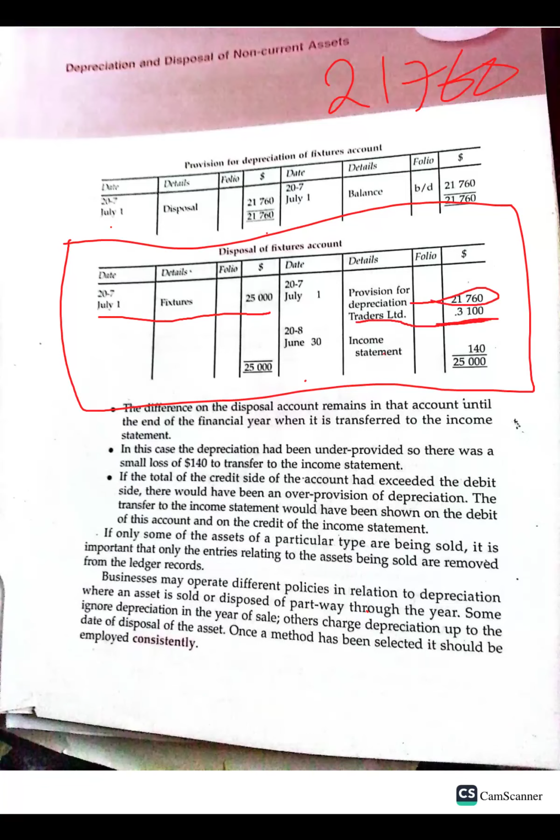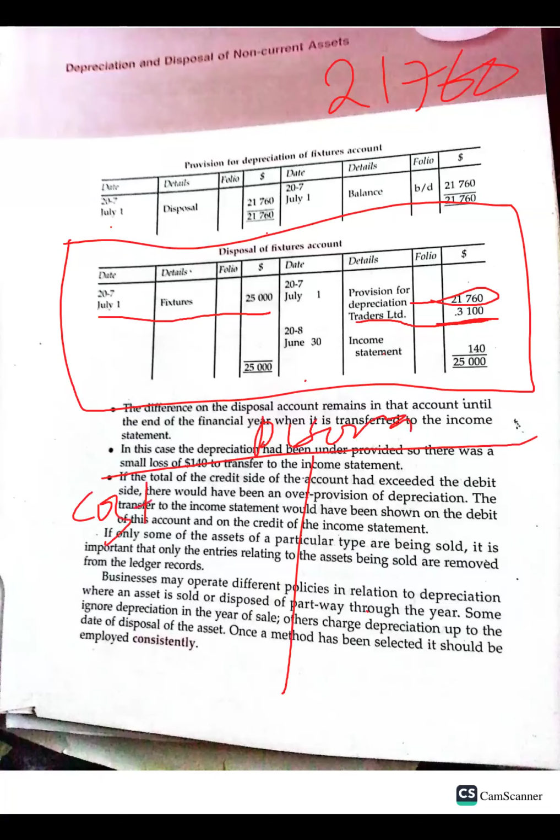It was sold at 1,100. Record that amount, and once you record that amount, then you can balance off the account. So when you open a disposal account, of any assets account, start with the cost.